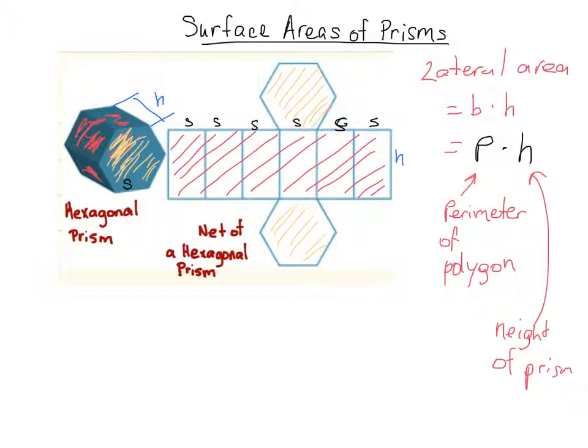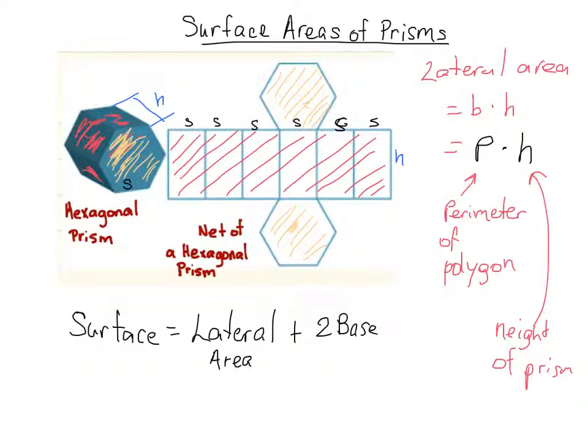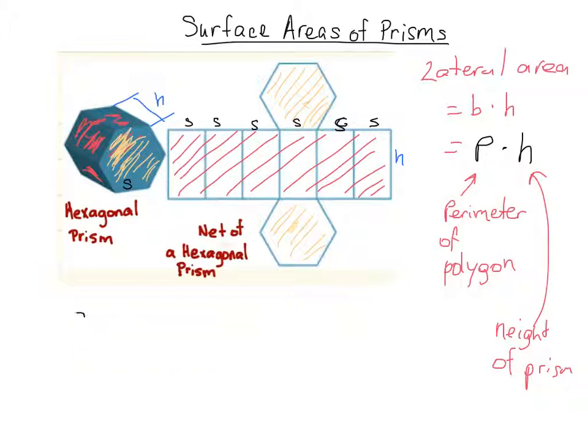And that will give us our surface area. So surface area is equal to lateral area, which we just discussed, plus 2, because there is one at the top and one at the bottom, so 2 times base area.